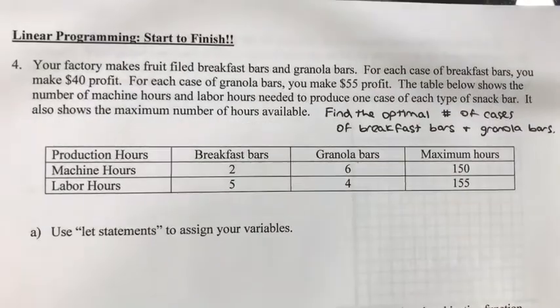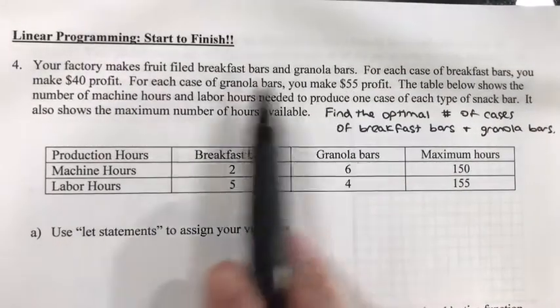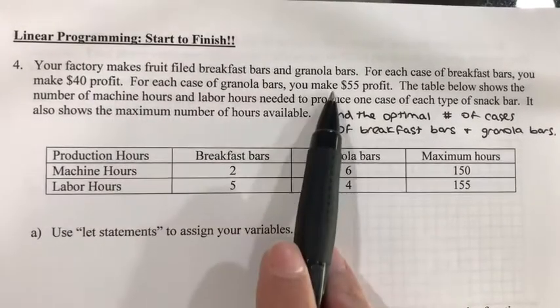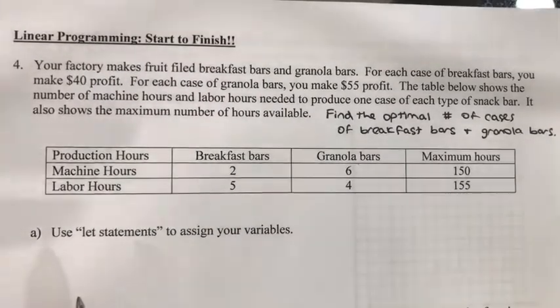Okay, now you'll notice that they mention profit in this problem. If profit is mentioned, your goal is probably going to have to do with the profit. But we'll talk more about that when we get to it.